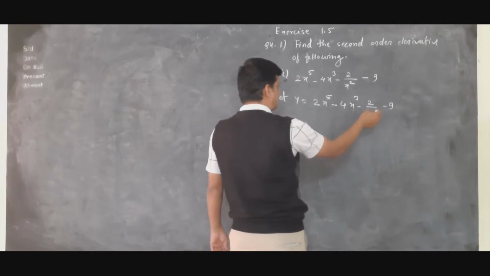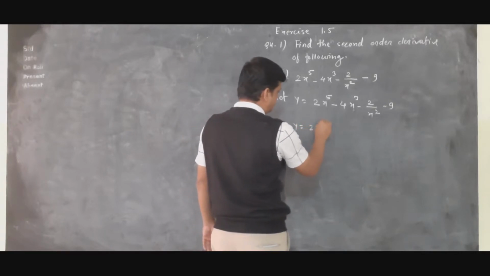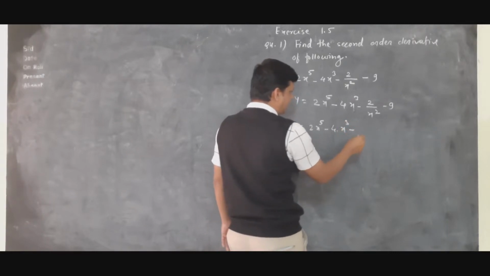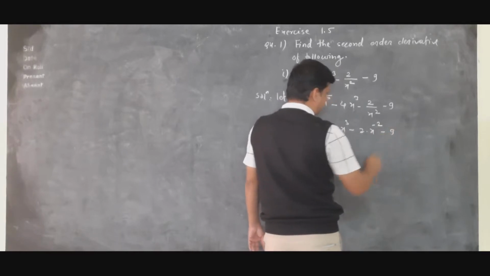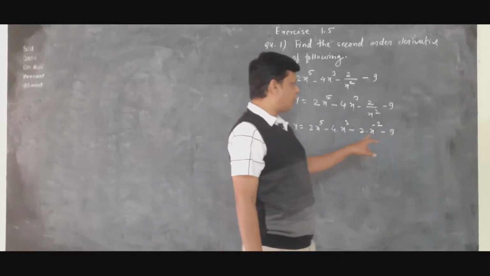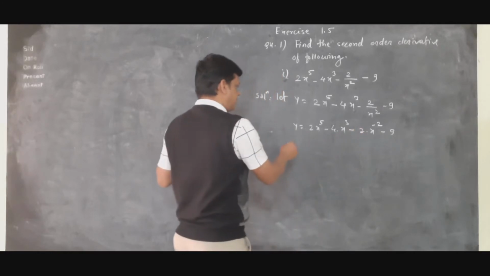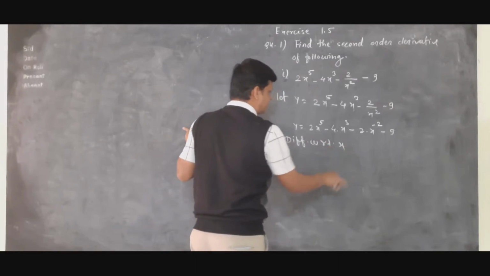For changing its power, we write y is equal to 2x raised to the power 5 minus 4 into x raised to the power 3 minus 2 into x raised to the power minus 2 minus 9. Because we don't have a formula for 1 upon x square, we differentiate with respect to x.